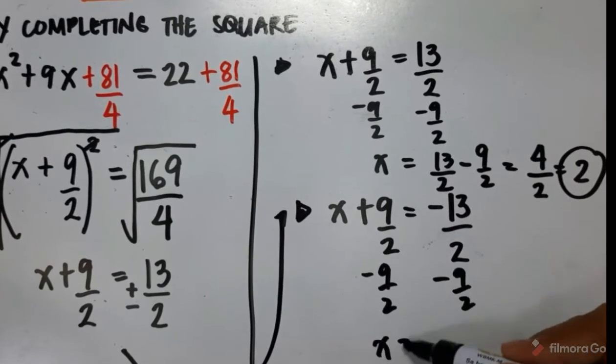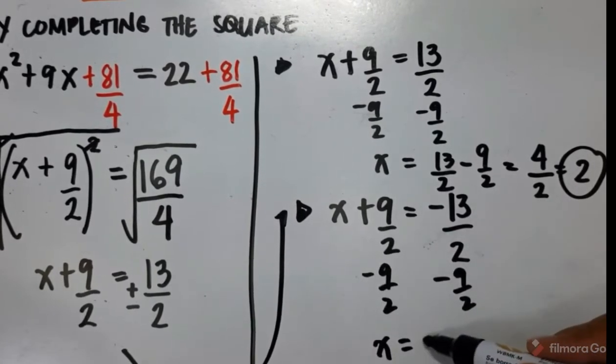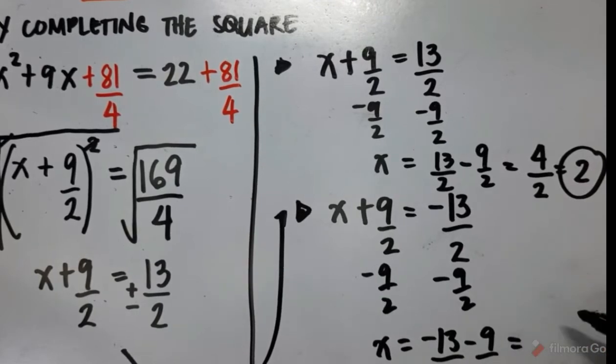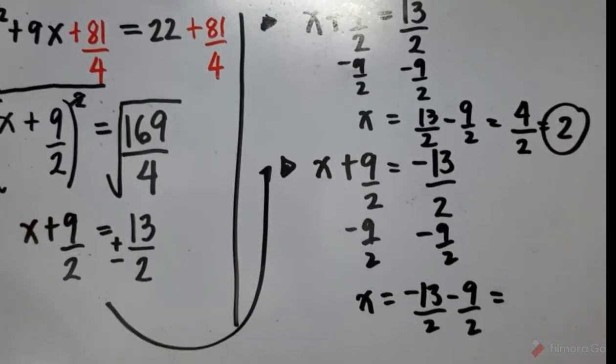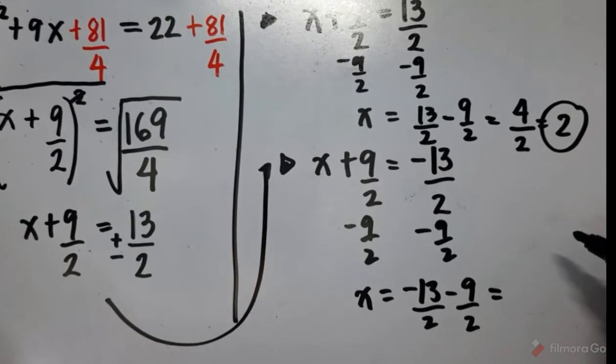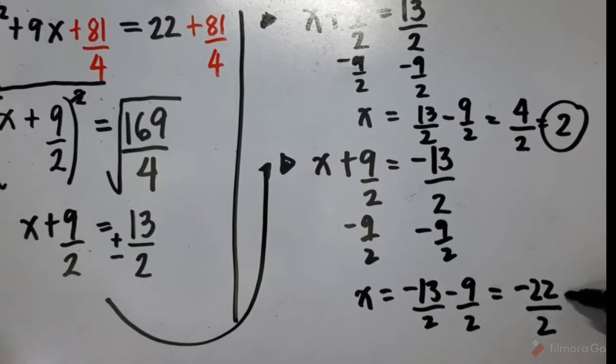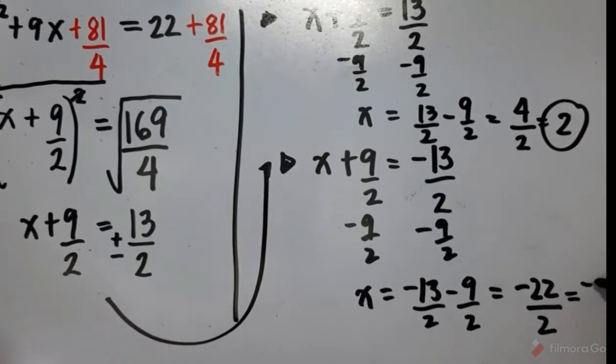So x is equal to negative 13 over 2 and negative 9 over 2, which will be combined. Negative 13 halves and negative 9 halves is equal to negative 22 halves, or negative 11.